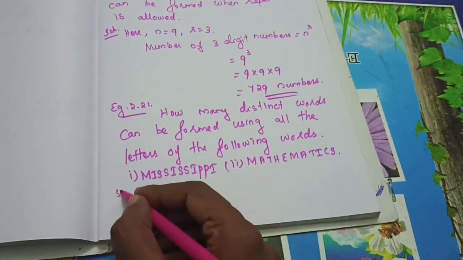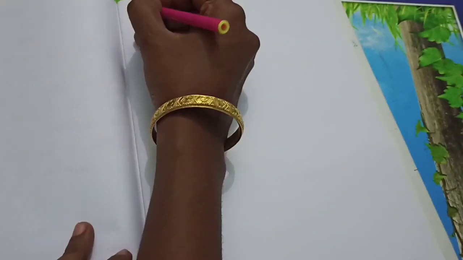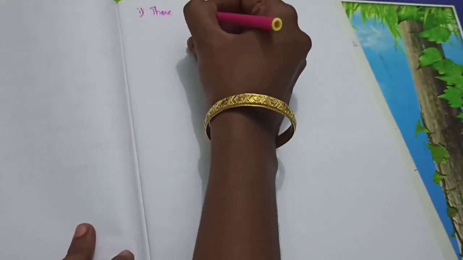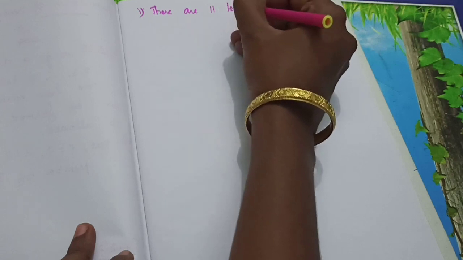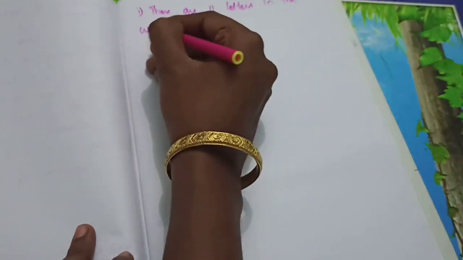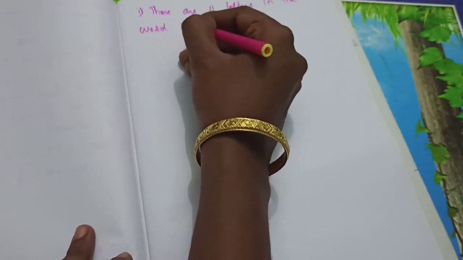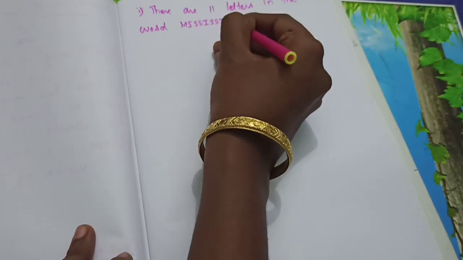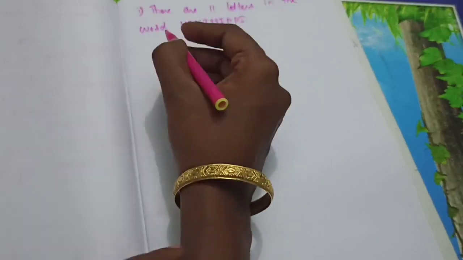Okay. Solution. How many letters are there? There are 11 letters in the word Mississippi. Okay.